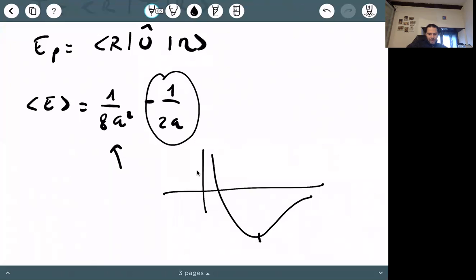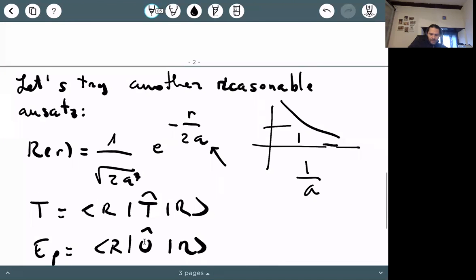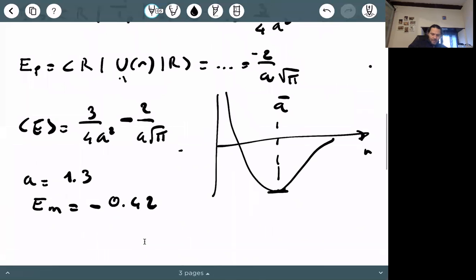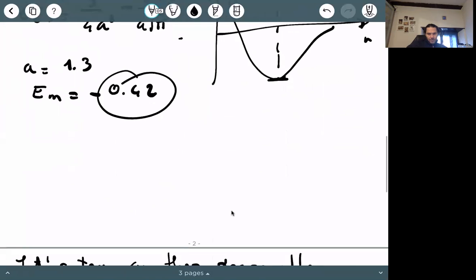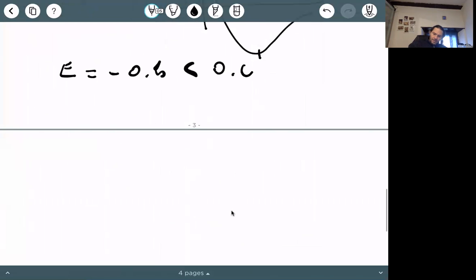But this time, the minimum is at a equal to 0.5, and the corresponding energy is −0.5, which is smaller than the previous estimate that was −0.42. Which tells you that this is a better variational ansatz. So the second variational estimate was better than the first one.